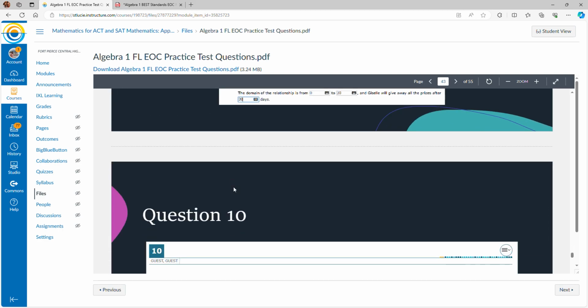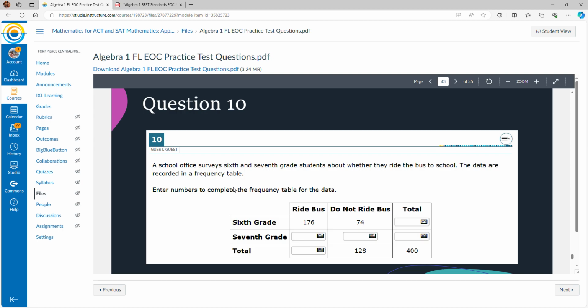That's done. And then question number 10. A school office surveys 6th and 7th grade students about whether they ride the bus to school. The data are recorded in a frequency table. Enter numbers to complete the frequency table for the data.